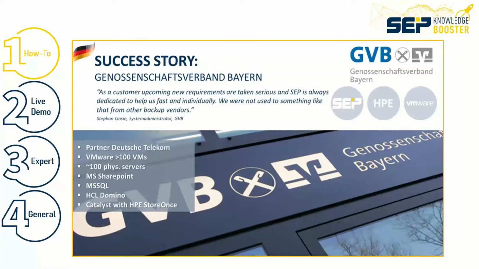This customer introduced our software deduplication, I guess 5 or 4 years ago, and then they grew dramatically. After growing a lot, the need popped up to be more scalable, to have more performance, because they have such a huge growth, and therefore they changed the software-integrated deduplication into a dedup appliance, the HPE StoreOnce, which we support via the Catalyst protocol. We will talk about this in a second as well.